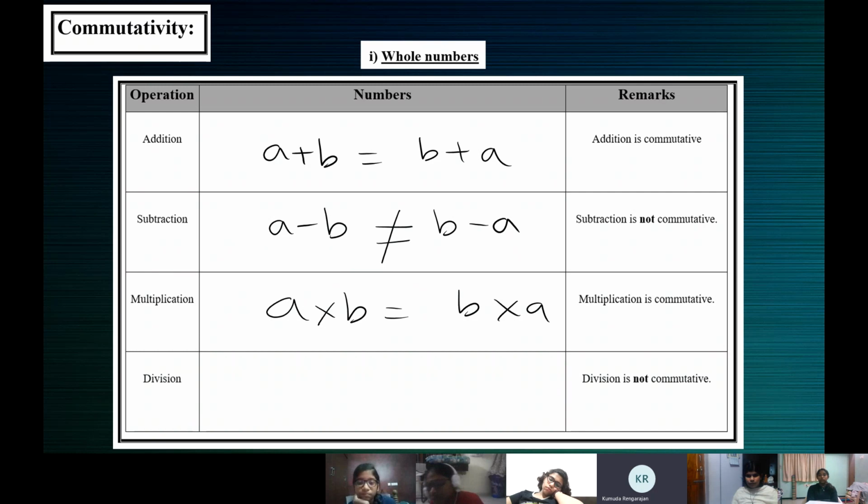Whether you do A into B or B into A, you will get the same answer. Division: when you divide two whole numbers in any order, the answer will not be the same. So you can see addition is commutative, subtraction is not, multiplication is commutative, division is not.